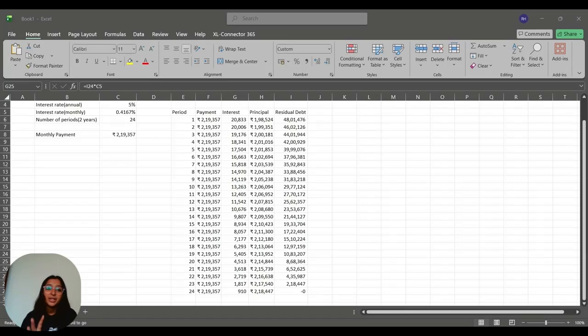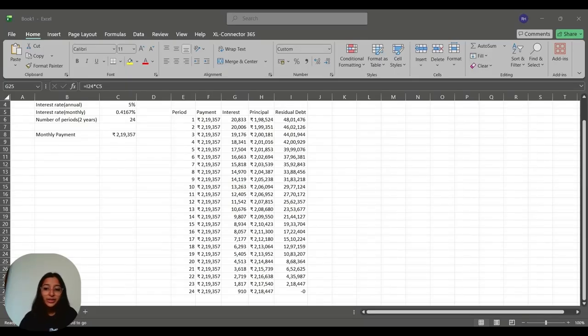If we take the number of periods as 3 years, then 12 into 3 comes to 36, and if we calculate accordingly, again for the last month the debt will come to exactly zero. This process is called amortization, which means the loan is systematically reduced through regular payments.